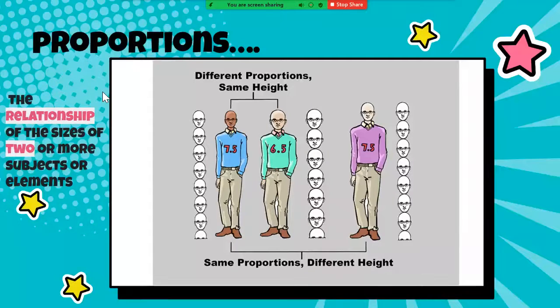So proportions are the relationship of sizes of two or more subjects or elements. The size of this guy's head in relation to his shoulders fits, it's the right size. His shoulders are not too big or too small for the size of his head.